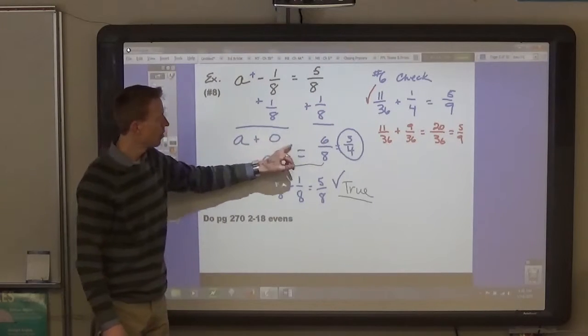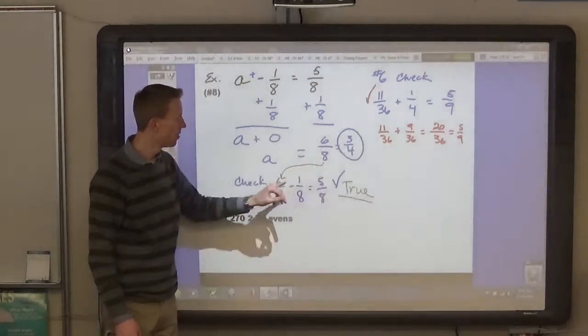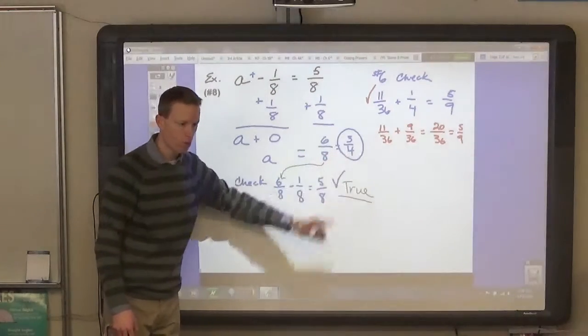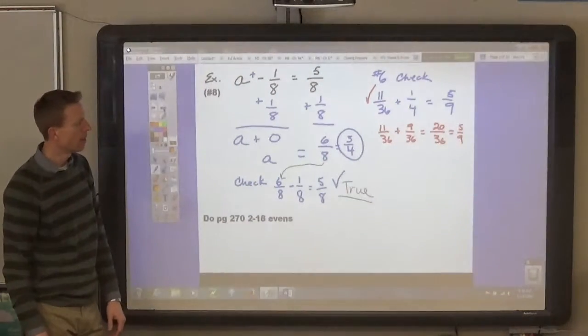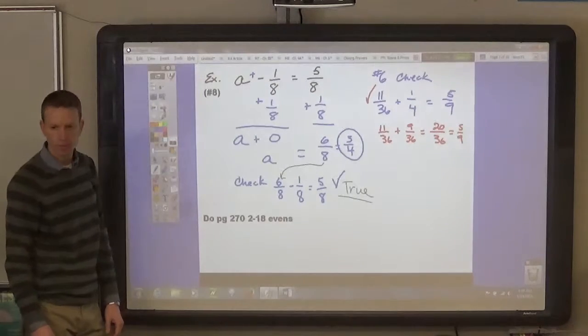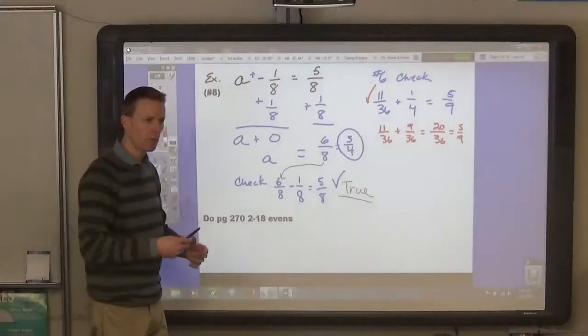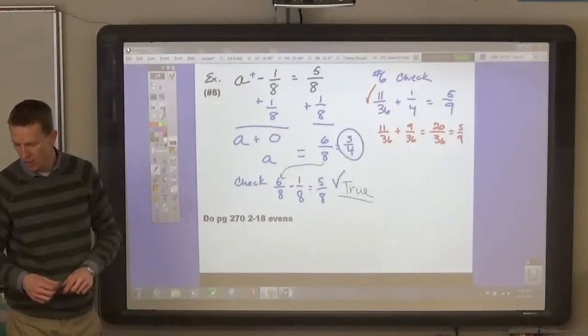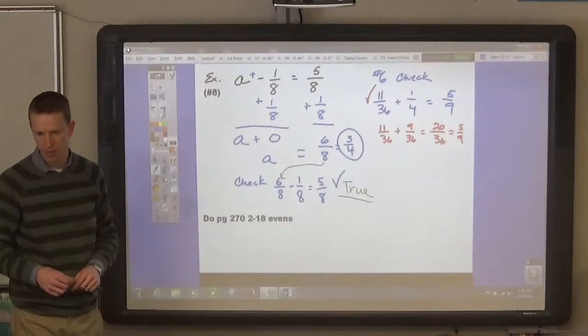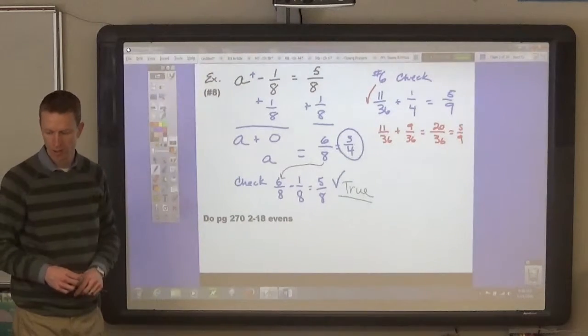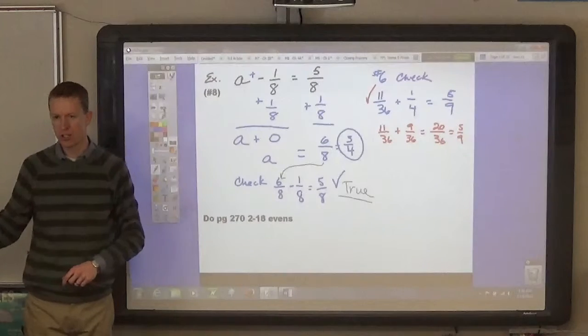So a plus 0 equals 6/8, which is 3/4. Okay? So we're just doing the same thing we've been doing before, but adding fractions. Okay? Any questions on that?